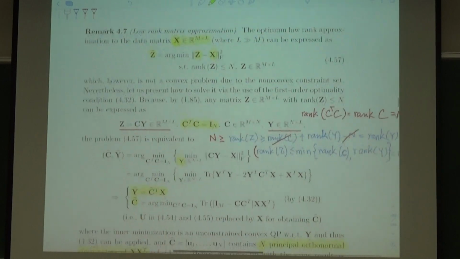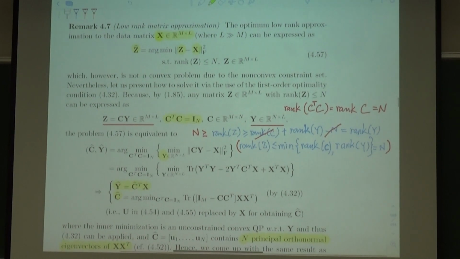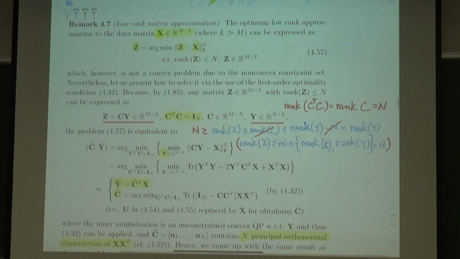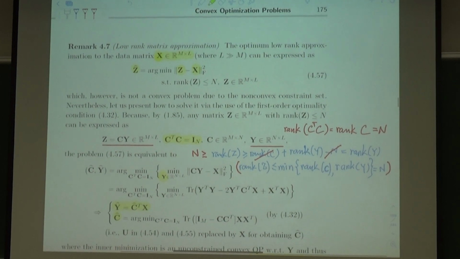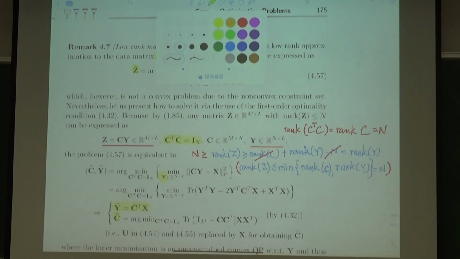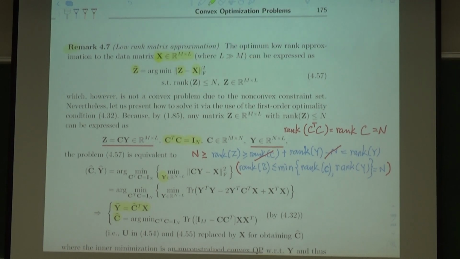Okay, the next, let me finish this. We still have a little time. Let's look at this problem. We want to solve this. This is a low-rank approximation.